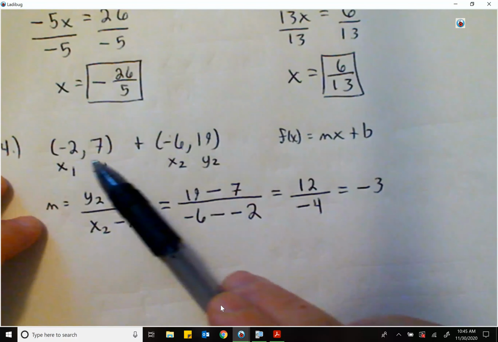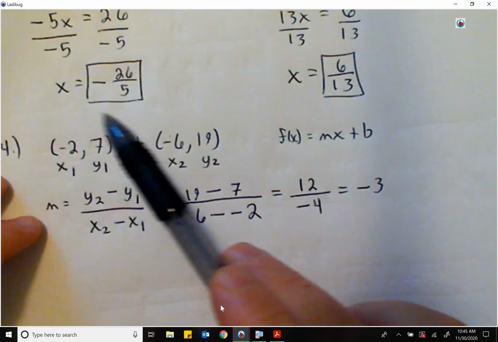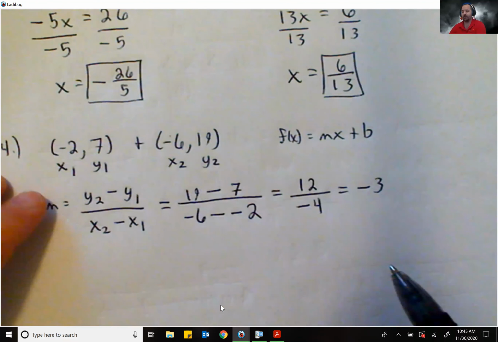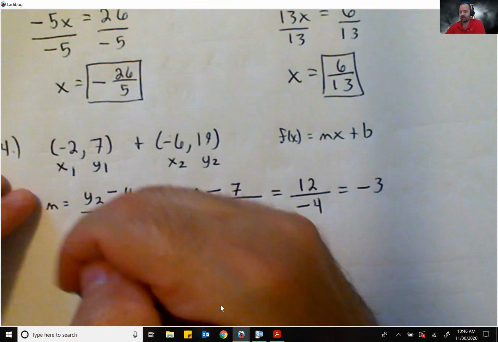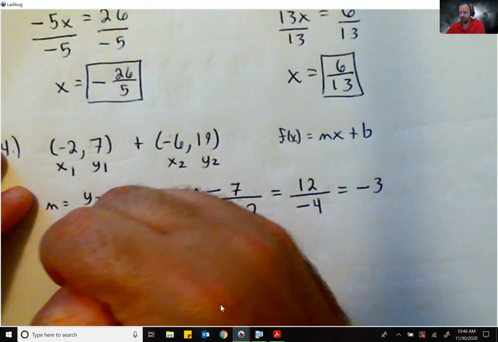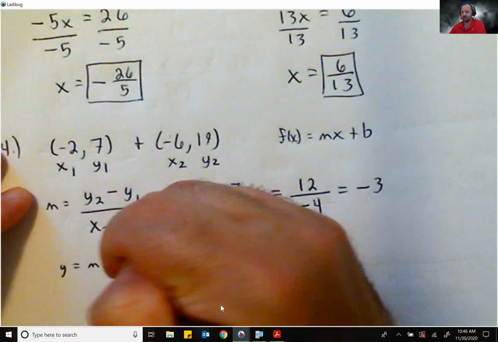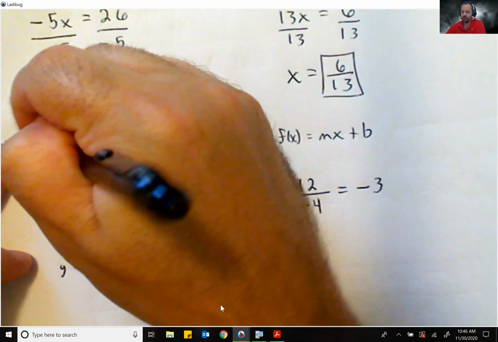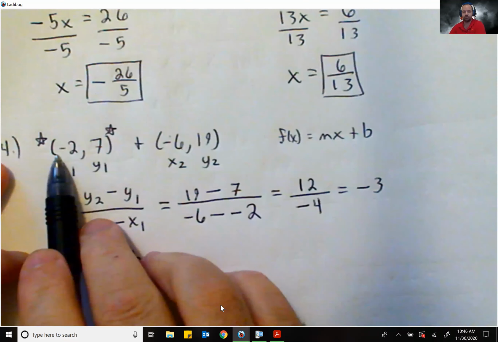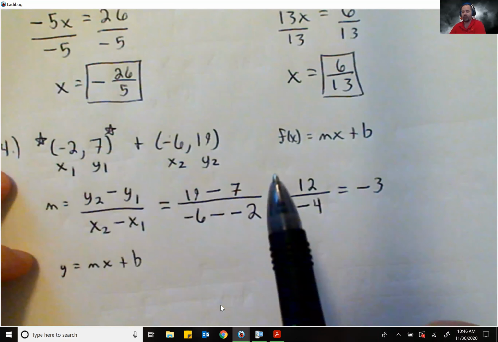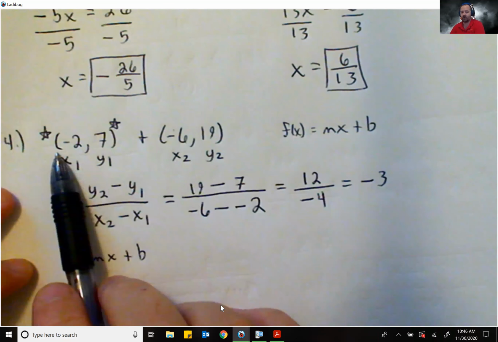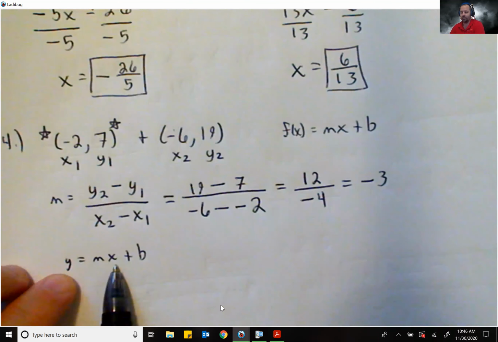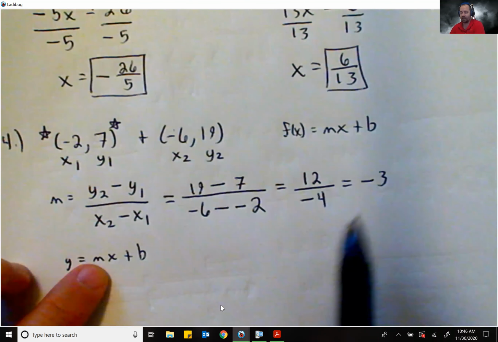You need a point, because you can do this one of two ways. Some professors will teach you that you can plug right back into this. I'm going to choose this as our point because it's smaller numbers. So all we got to do is take and plug in the point for x and y. And you know the slope is -3.